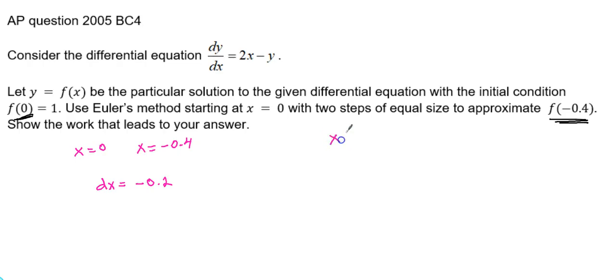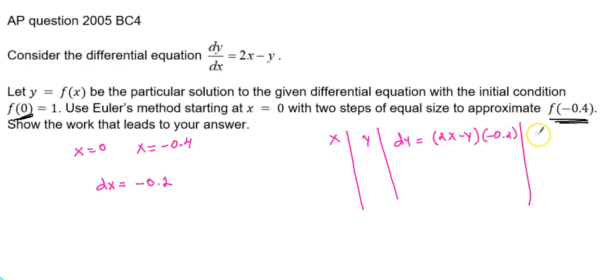So x, y, dy is equal to 2x minus y times negative 0.2, and this is your new y. I hope this helped. I'm giving you the answer. I highly recommend that you pause the video here and finish this example and check that you get this answer.